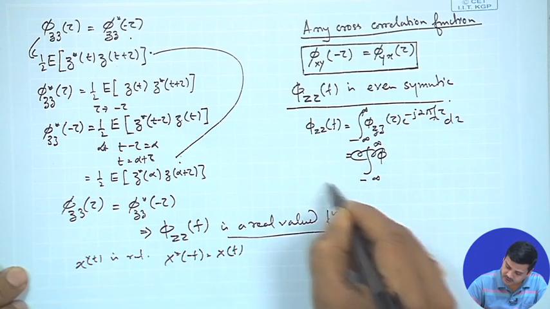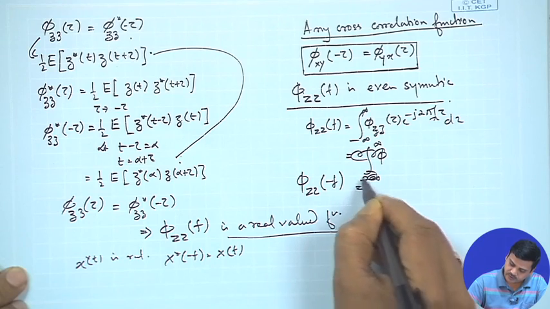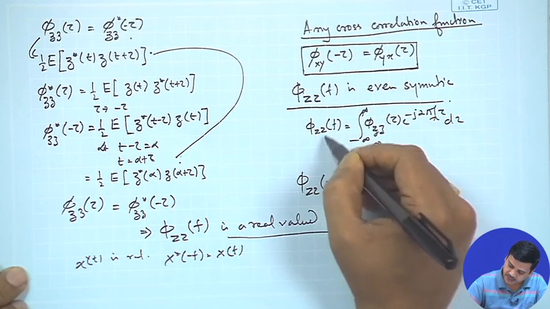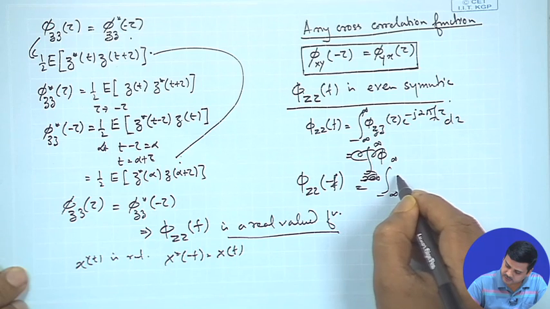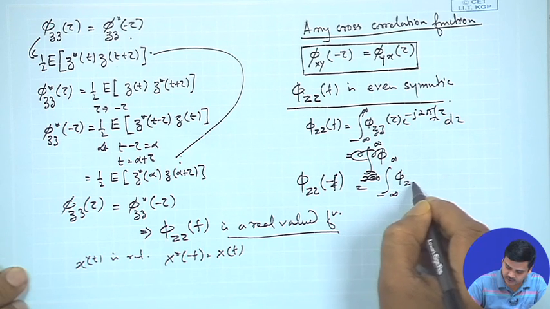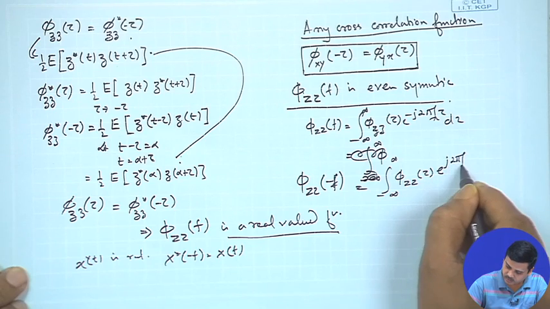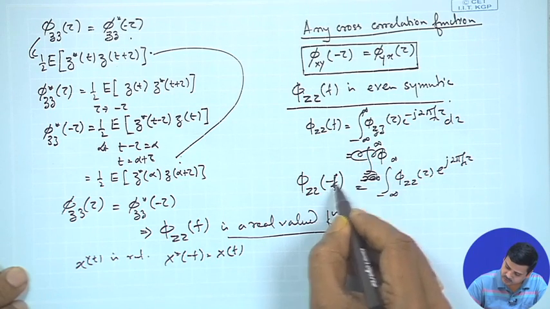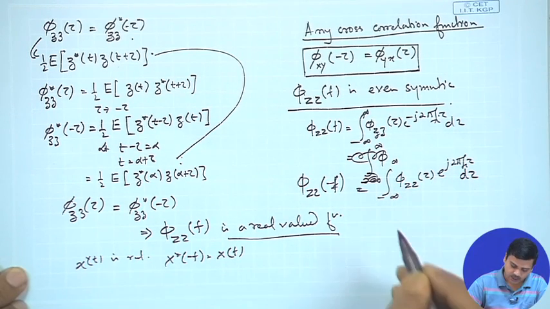What we need to do is at this point we will calculate phi z z of minus f, because for even symmetry we need to prove phi z z of f is equal to phi z z of minus f. So, the integral from minus infinity to infinity, this will be phi z z of tau e to the power of j 2 pi f tau. So, we have simply changed f to minus f, and this becomes plus, d tau.